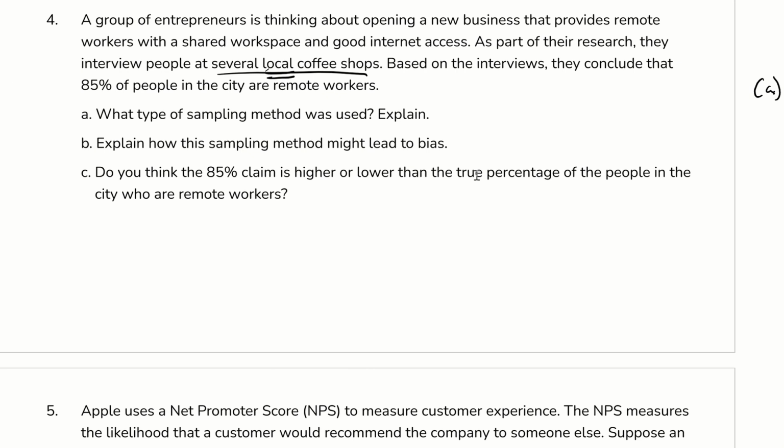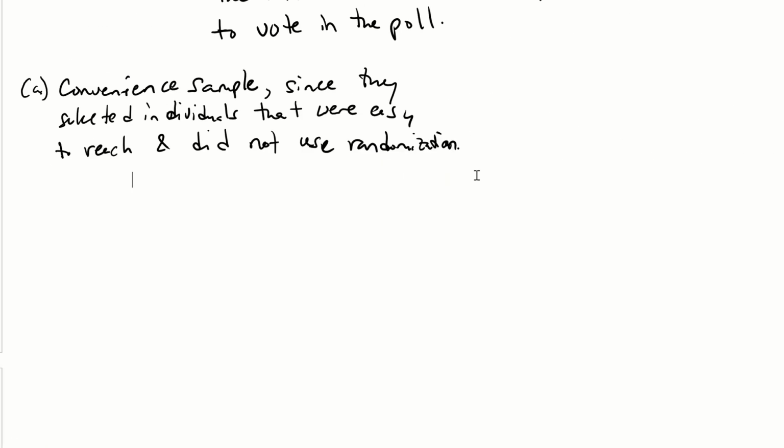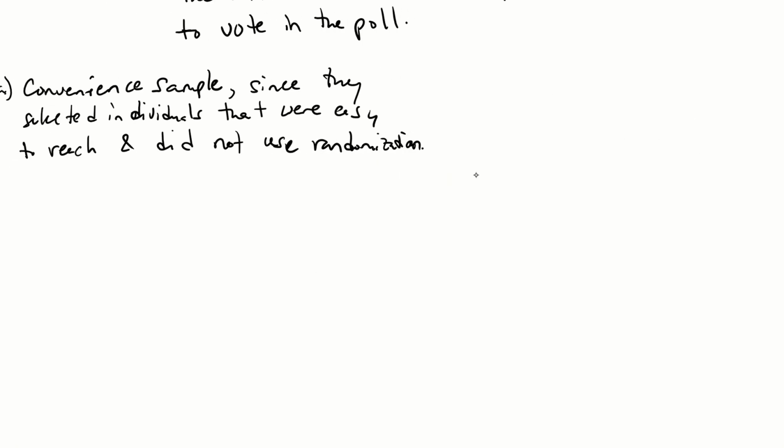All right. So, and that is going to lead to bias, right? So we want to explain how that leads to bias, right? So for part B, how might that lead to bias?